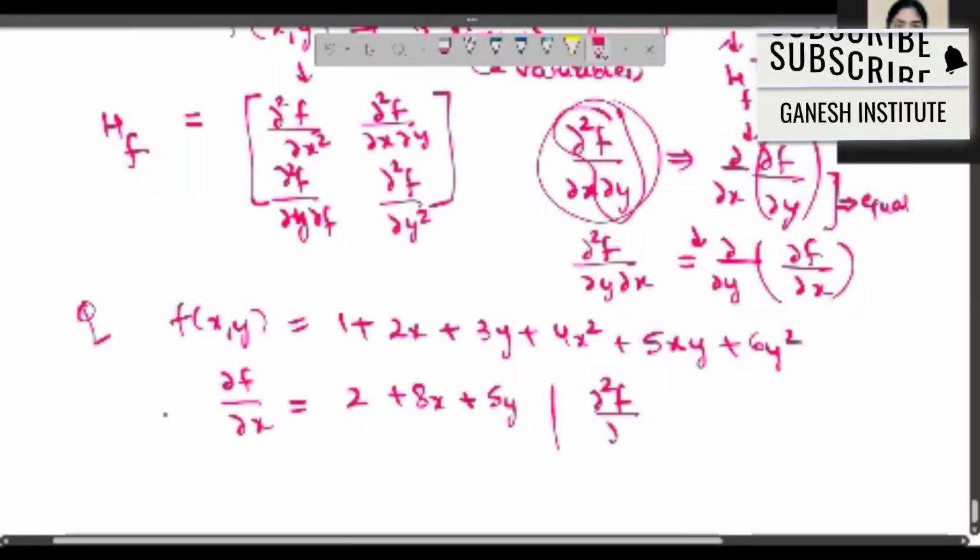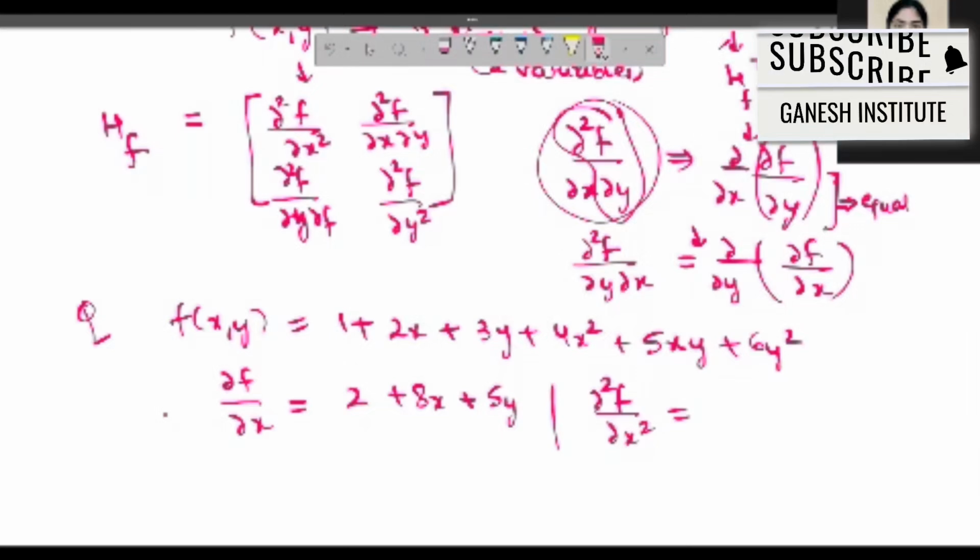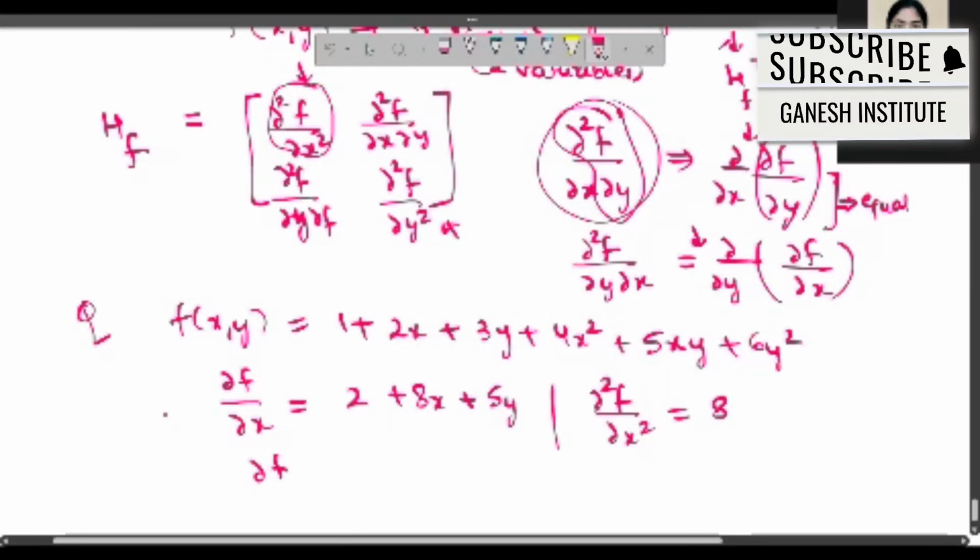Then I need the double derivative, so again with respect to x, and it is going to be 8.